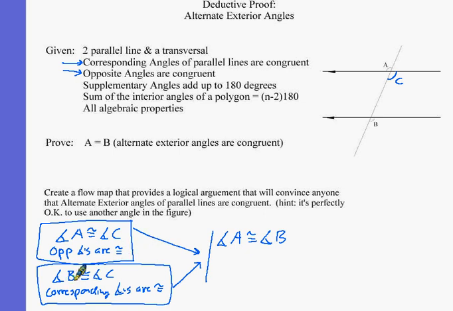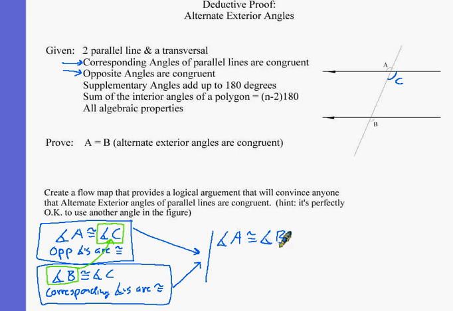One of the reasons why I like it is that it's easy to diagram. We have angle C is the same as angle B. That's what this statement is telling you. So up here, wherever we see angle C, we could do a substitution. We could substitute B in for C. And if we do that, we get this statement.